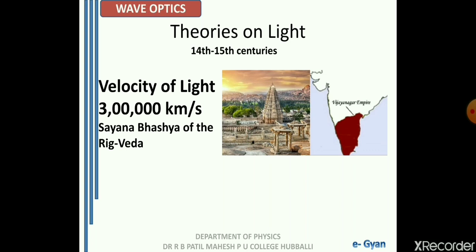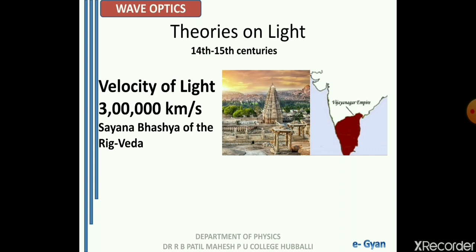Sayana wrote the commentary, or bhashya, of the Rig Veda. And in his commentary, at a point, he states that the velocity of light is 3 lakh kilometers per second. When we compare the value given by Sayana to the value that we use today after performing various scientific experiments, he is best suited.